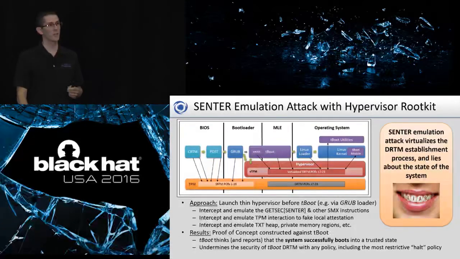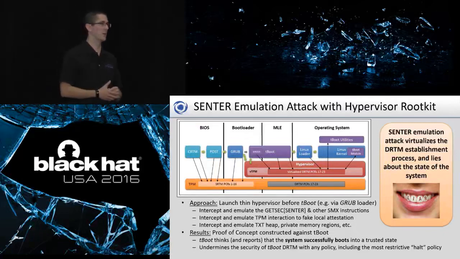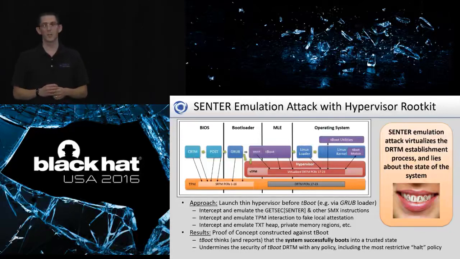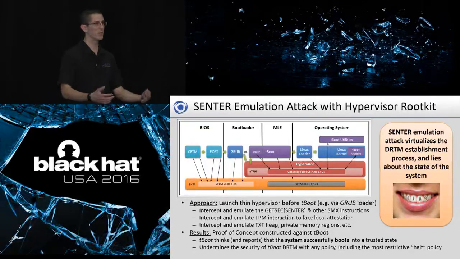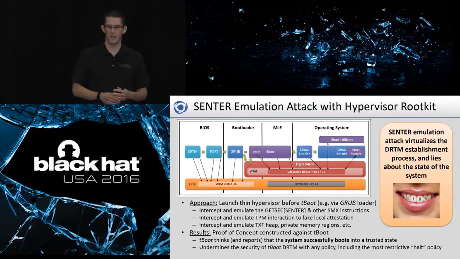Our hypervisor is going to virtualize all of the SMX instructions. It's going to provide a virtual TPM so that the rest of the software on the system can actually talk to the physical TPM. And it's also going to virtualize the whole TXT memory mapped I/O space.